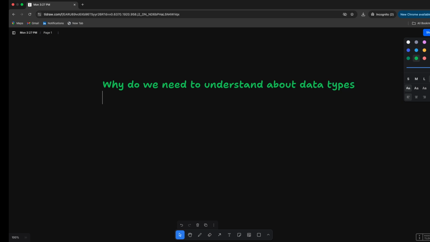There are so many. Because depending upon what type of data you are working with, your tools will change. For example, if you are working with category-based data, the tools and representation are going to change.